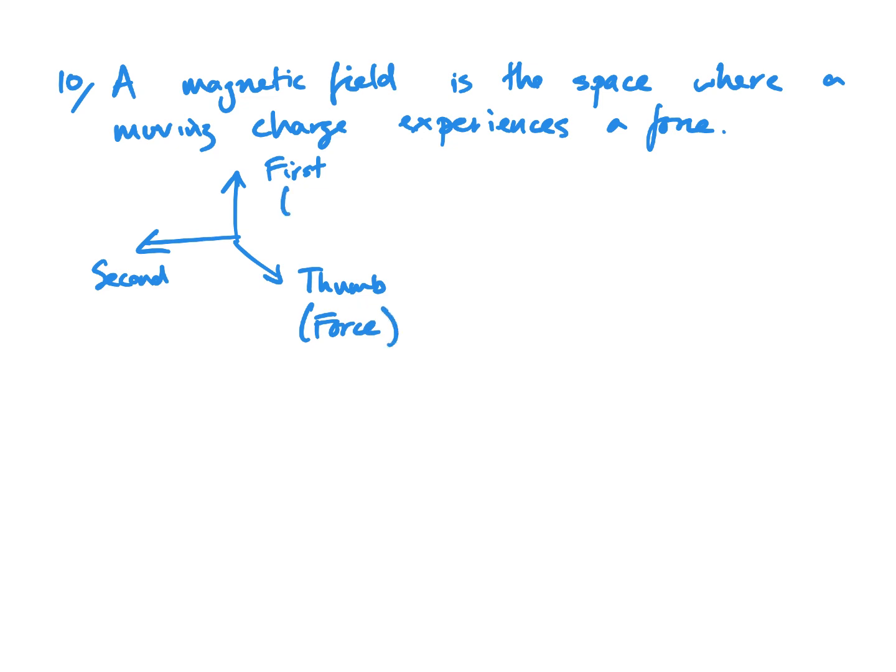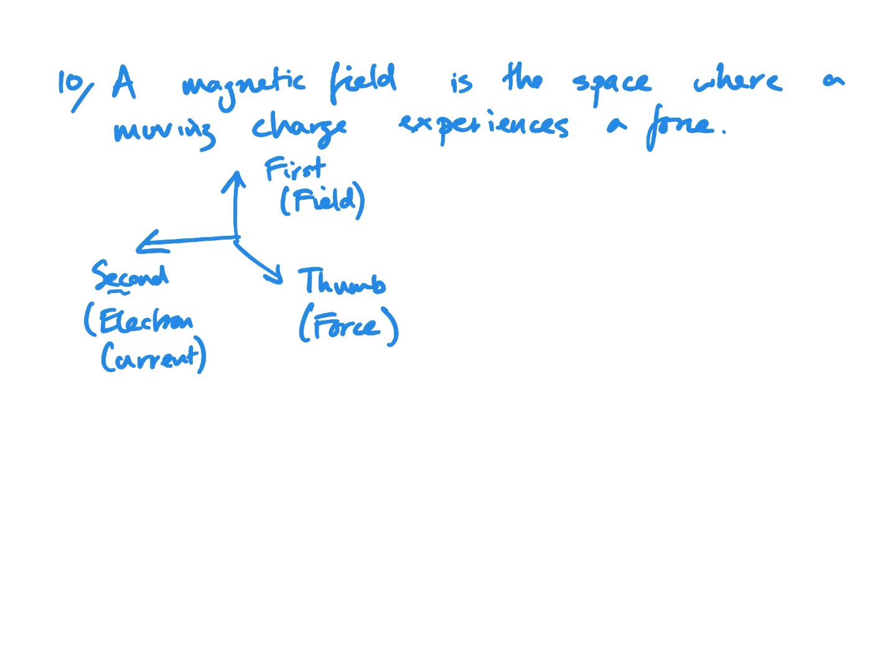The first finger represents the field, and the second finger, the C part of second, represents the electron current, i.e. the movement of a negative charge.